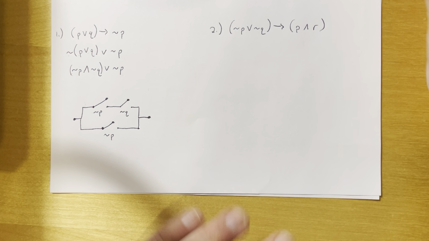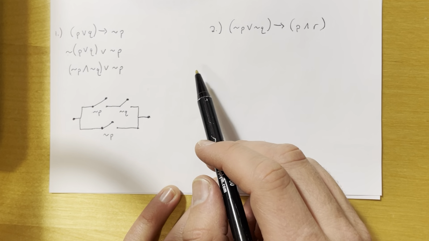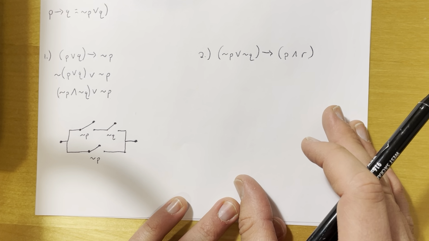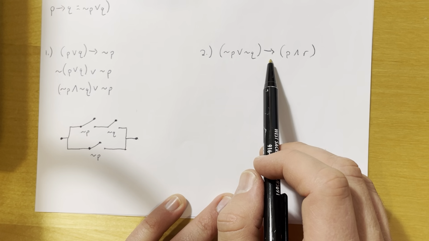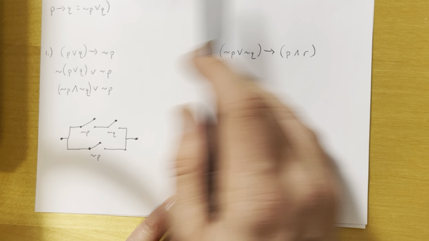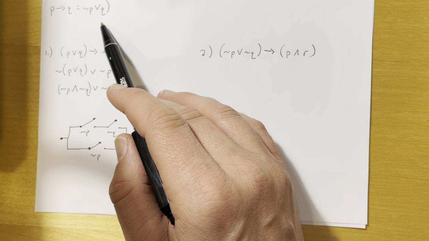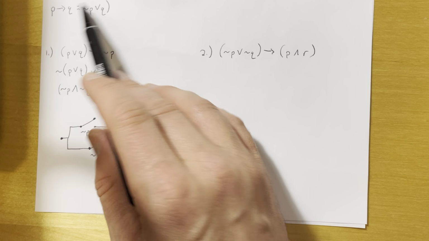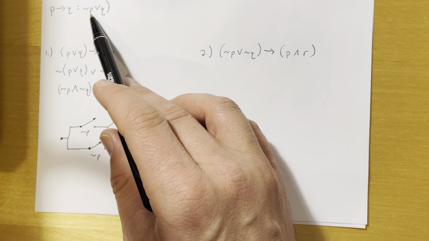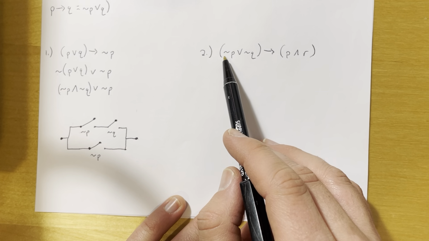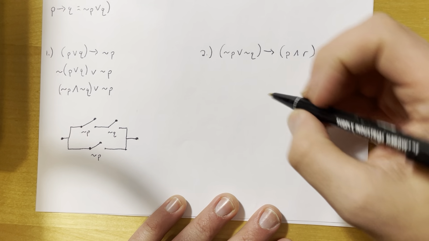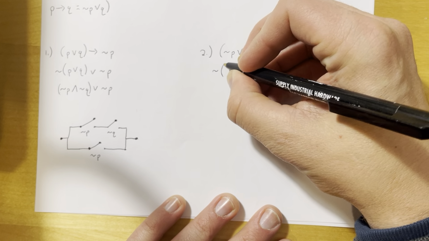Okay, so this one is similar, and we're going to do basically the same thing as the last. We're going to rewrite our conditional in the form of this equivalent disjunction. So I'm looking at not P or Q, where P is my antecedent, Q is my consequent. In other words, I take the negation of my antecedent, which in this example is this more complicated statement. So that looks like this.